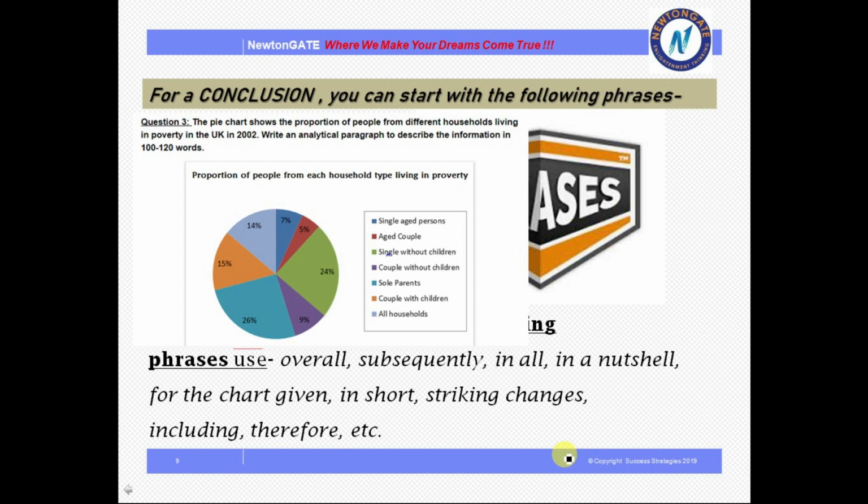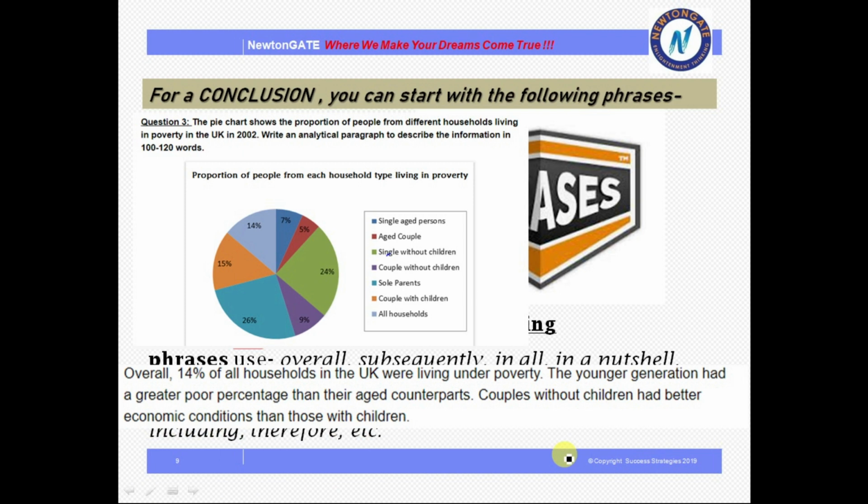Here the proportion of people from each household type living in poverty is given, right? So let's see. Overall, in a nutshell, I have done the conclusion. See and follow. Overall, 14% of all the households in the UK were living in poverty.